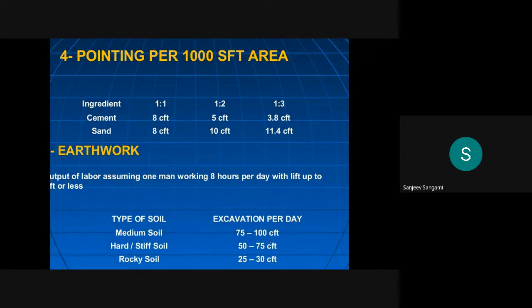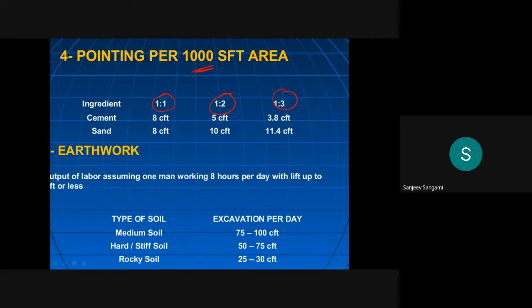Suppose for 100 square feet area you are pointing, and the ingredients are 1:1 ratio, 1:2 ratio, 1:3 ratio. Of course, these ratios are cement to sand ratios. Then we require 8 cubic feet of cement and 8 cubic feet of sand.